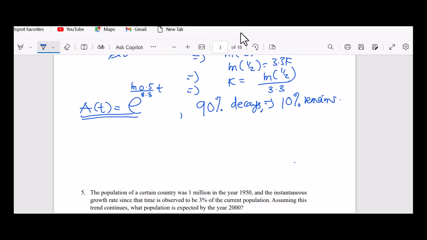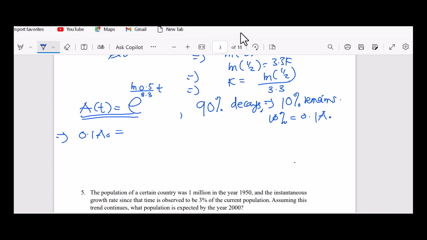So since it's 10%, that is equal to 0.1. So we take 0.1 of the initial amount, which is A naught. So this will imply that we have 0.1 times A naught equal to, so what time do we need for this thing to remain with 10% of A naught? That's just what we have to work for.